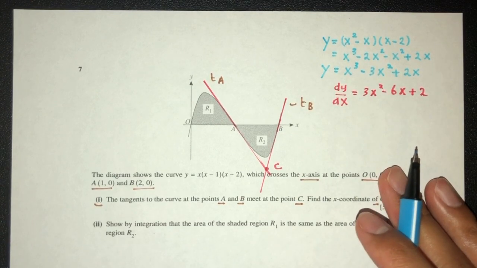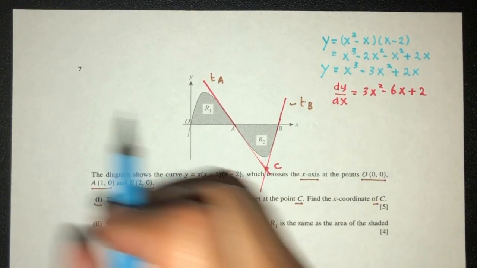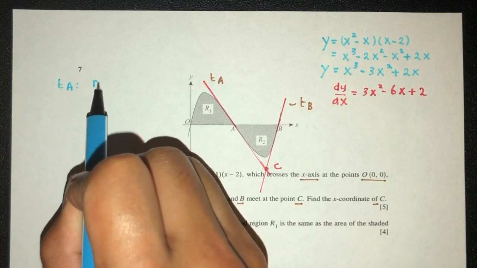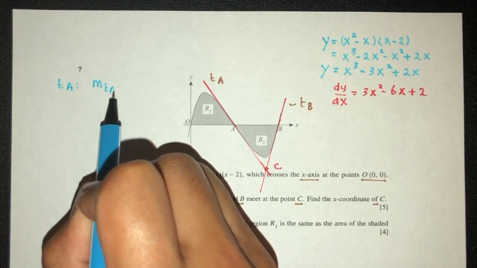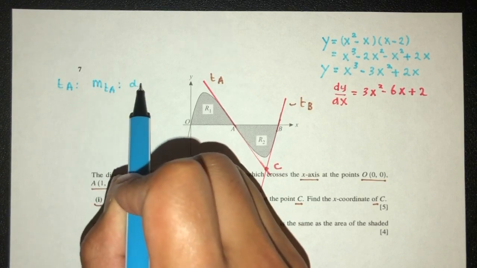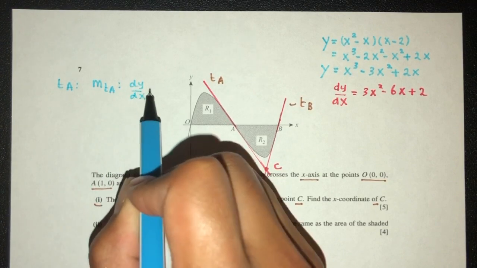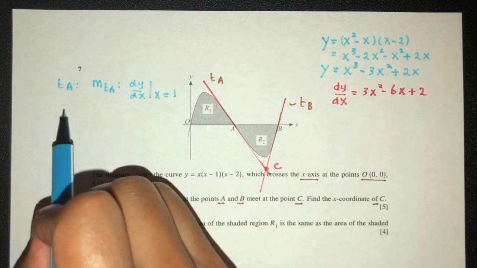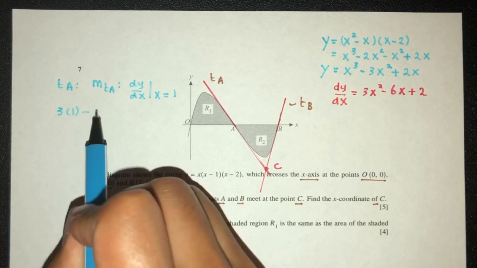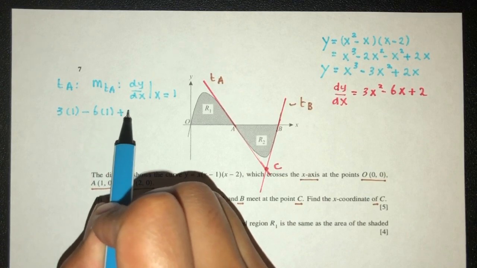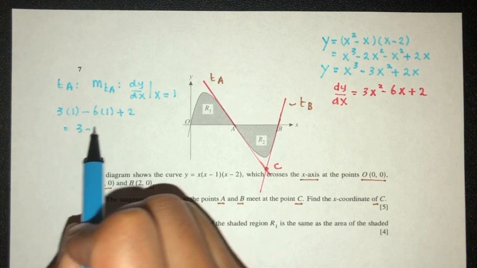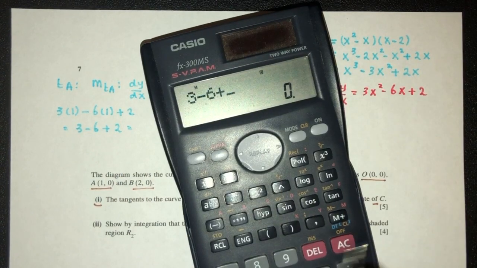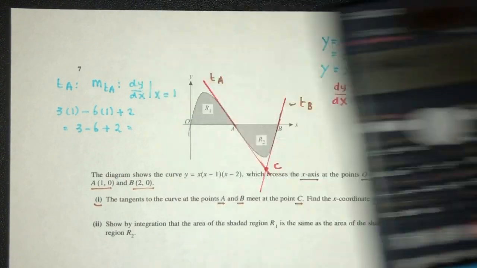Now, we have to find the equation of TA first. We have to find the gradient of the line TA first. That will be dy by dx at the point A, where the value of x is equal to 1. Simplify: 3 times 1 minus 6 times 1 plus 2, that is 3 minus 6 plus 2, which is minus 1.